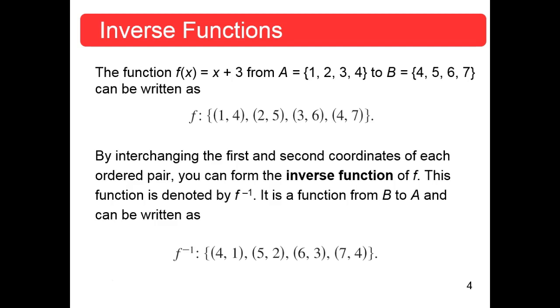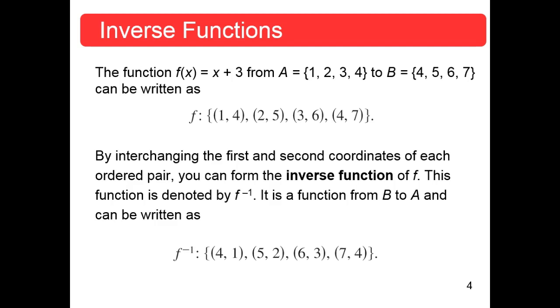That's one way to express that function, using this formula to go from this domain to that range. Or you can list a set of ordered pairs: (1,4), (2,5), (3,6), (4,7). That's another way to list that function. Pretty simple function, very limited domain, very limited range, just 4 ordered pairs.